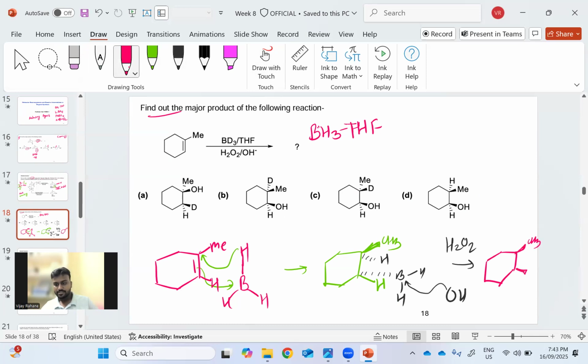There is another hydrogen which is again upside. And this hydrogen is below, and again there is the hydroxyl which is again below. So this is the product formed in the reaction, which has the hydride and this hydroxyl on the syn side, and this methyl and hydroxy will be anti, right?